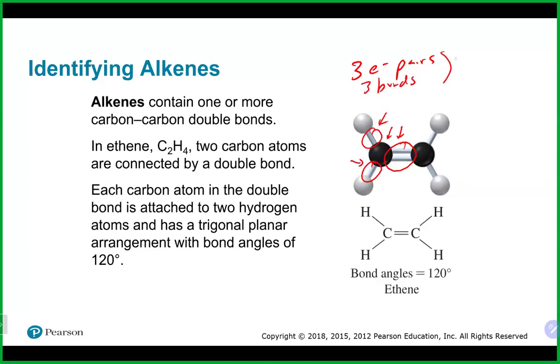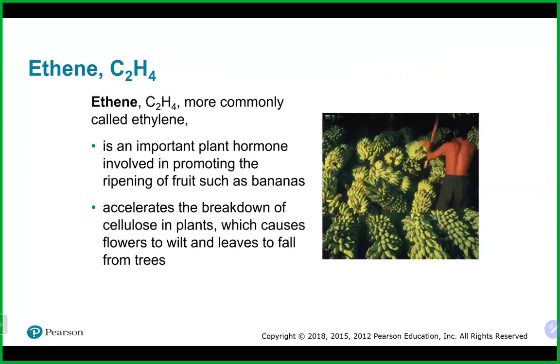That is our friend trigonal planar, our triangular shape, which has a bond angle of 120 degrees. That's different than what we saw with our tetrahedral geometry in alkanes when they were all single bonded. So we do get a slightly different geometry because of the presence of the double bond.